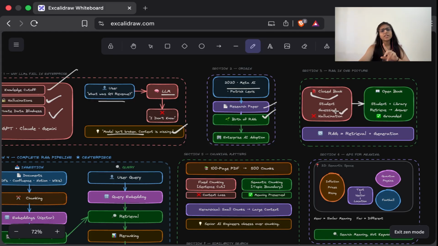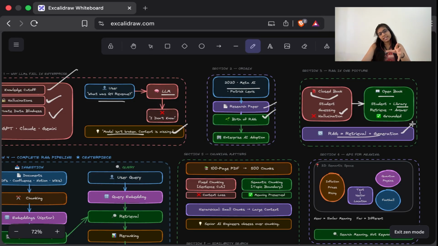Now imagine giving the same student access to textbooks, even a whole library, company manuals, newer research papers, and databases during the exam. Suddenly it becomes an open book exam. The student doesn't need to guess anymore. They can look up the answer before responding. That's essentially what RAG does.